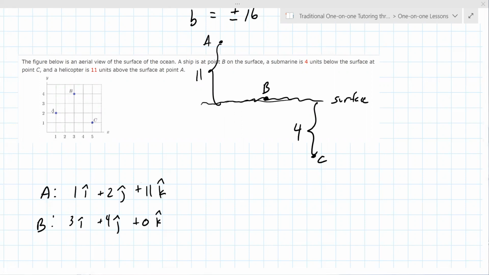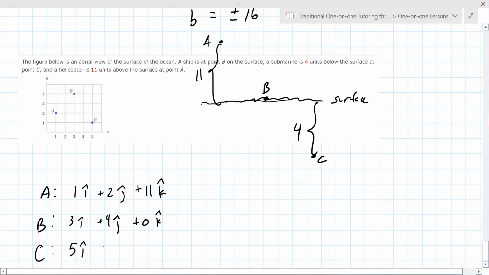And then C is 5 i hat, 5 to the right, 1 j hat, and now it's 4 below, so minus 4 k hat. And A is the helicopter. B is the boat or the ship. And C is the submarine.